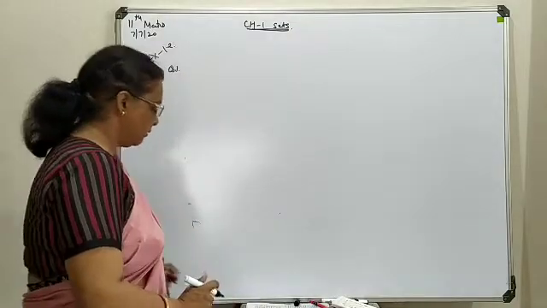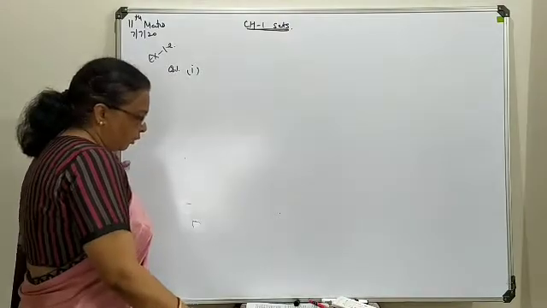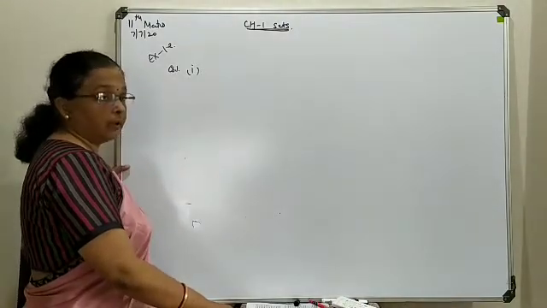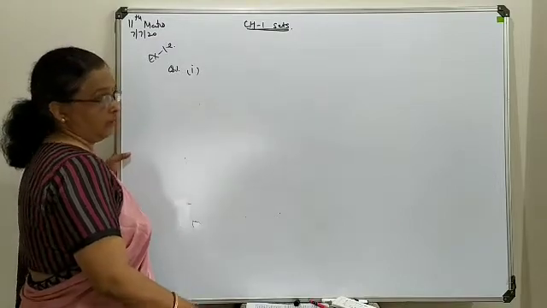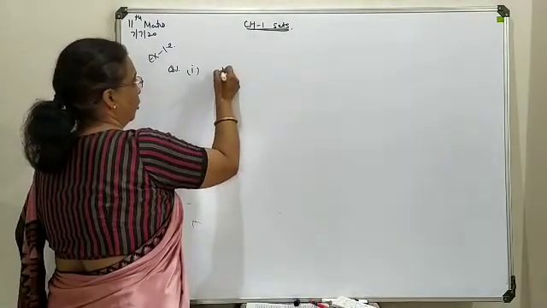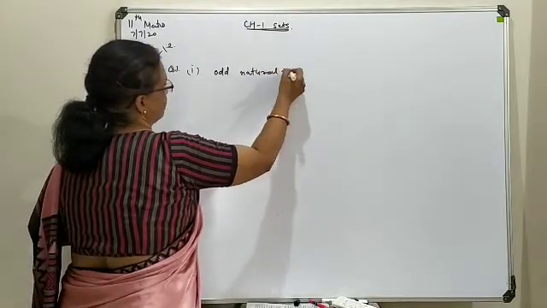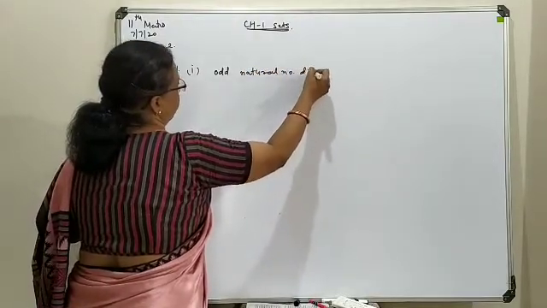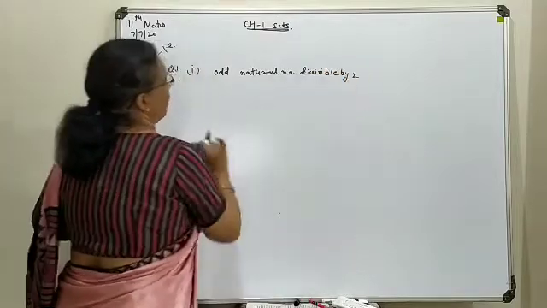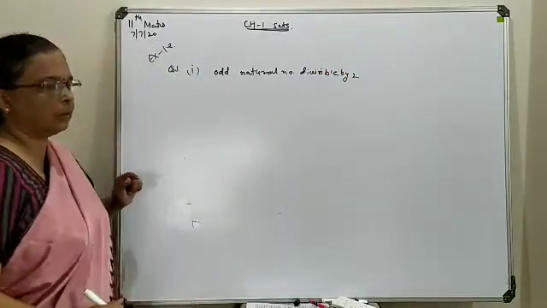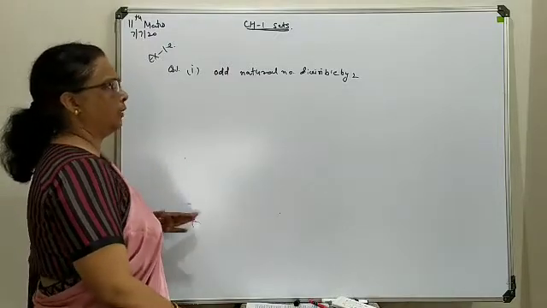So the first one is: set of odd natural numbers divisible by 2. Natural numbers, if you just look at the set of natural numbers, contain odd and even both.